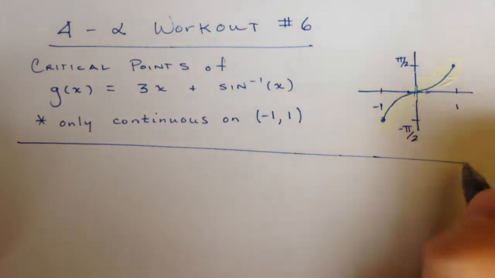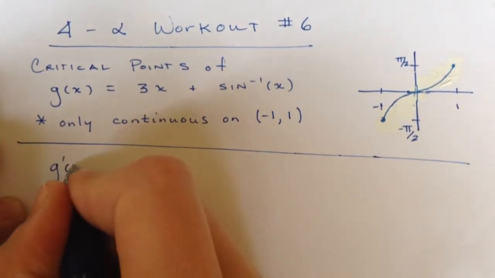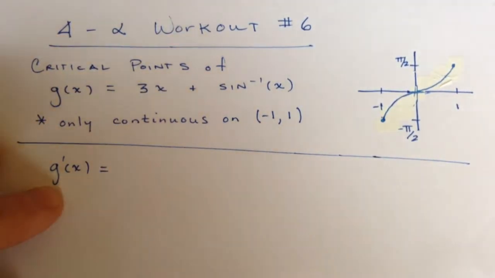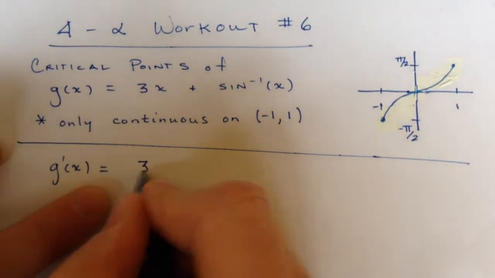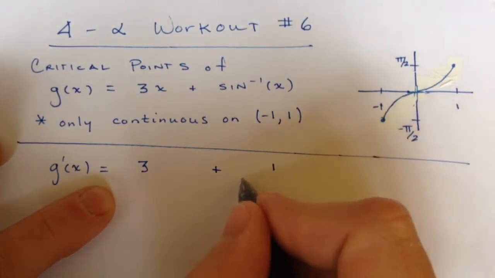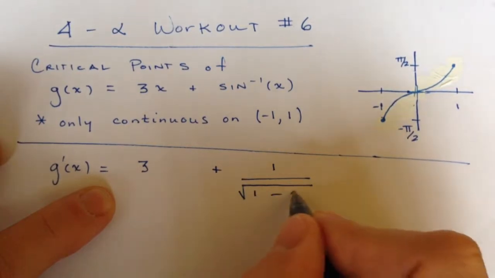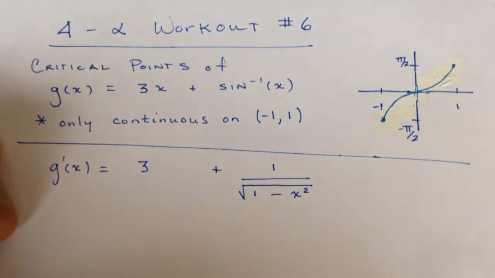Now, if we want to calculate the critical points, the first thing that we're going to do is take the derivative. If we do so, we get 3 plus the derivative of inverse sine, which is 1 over square root 1 minus x squared. We now would like to write this as a single fraction.